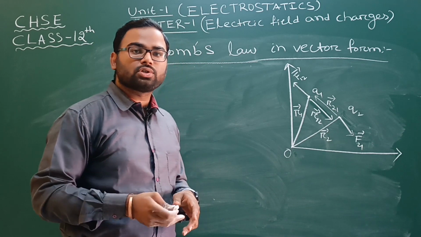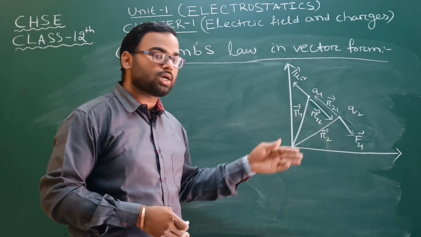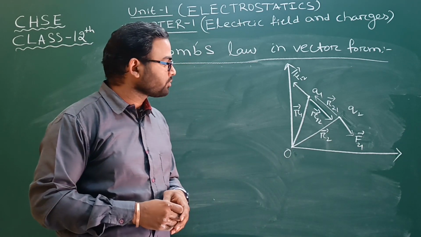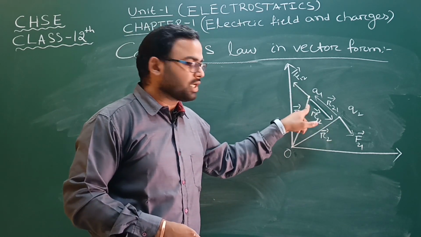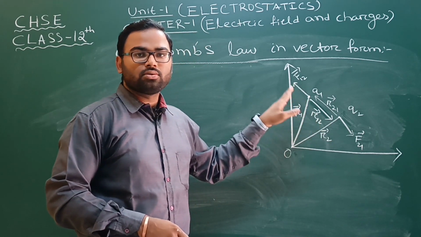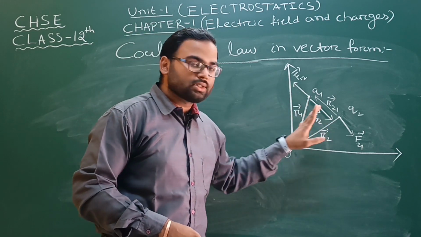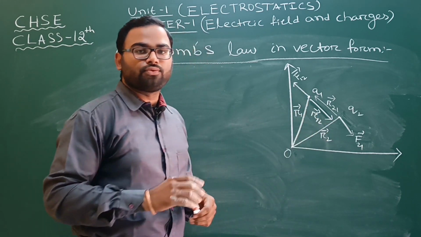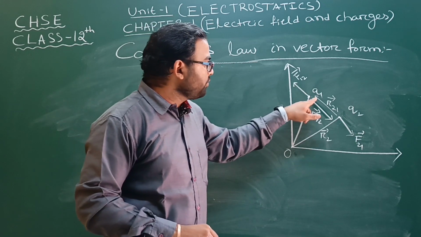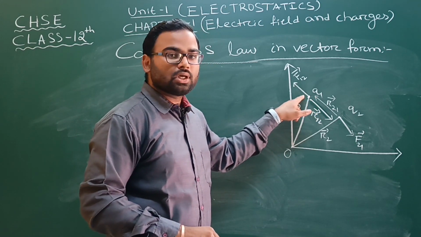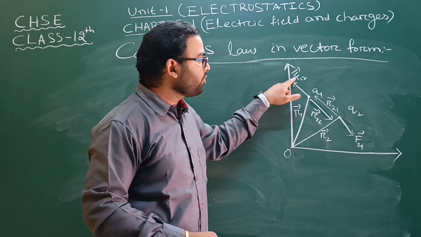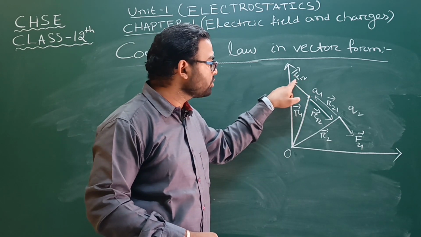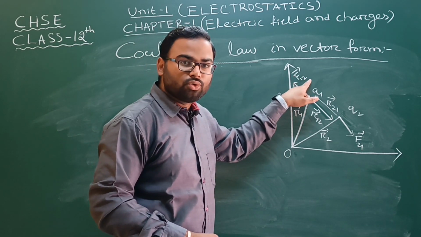These are position vectors which show the position of the charge from the origin. Coulomb's law says that the two charges will experience a force. If charge 1 is experiencing a force due to charge 2, we can write it as F12, meaning force on charge 1 due to charge 2.